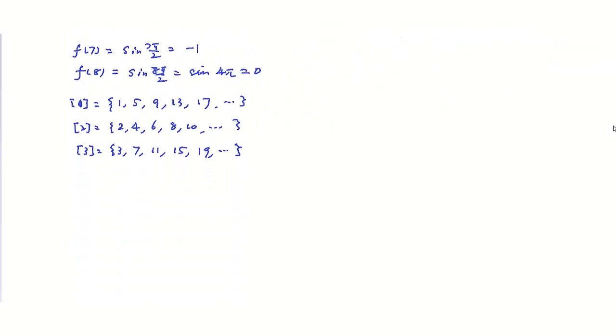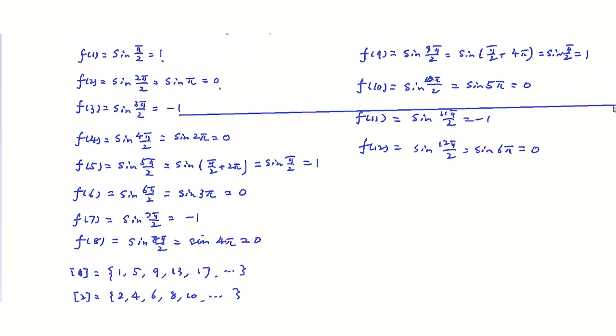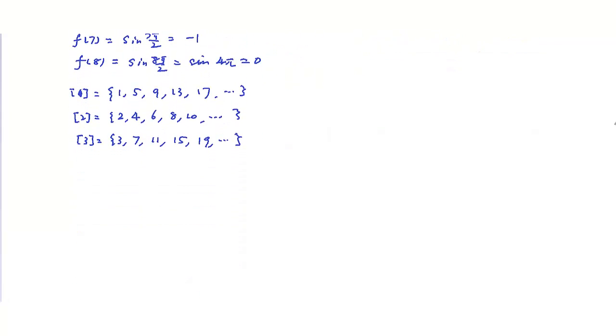And then all these three classes together, you can see that the union is equal to the natural number set, right? So these are all the even numbers, and then 1, 3, 5, 7, 9, 11, these together are all the odd numbers, so together they make everything.